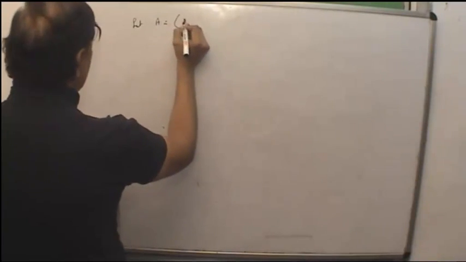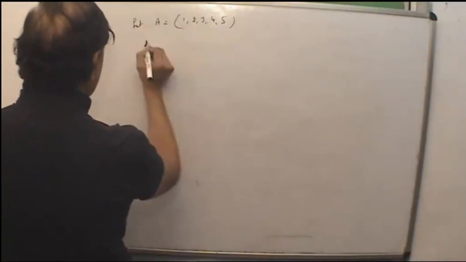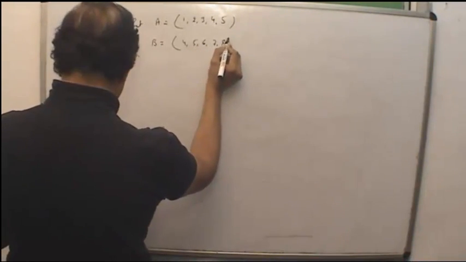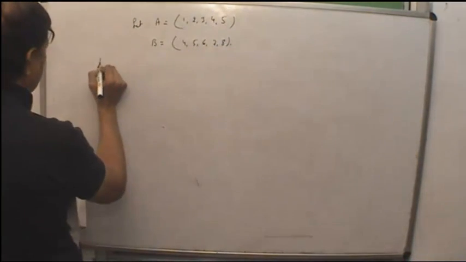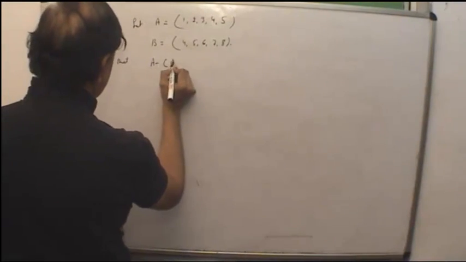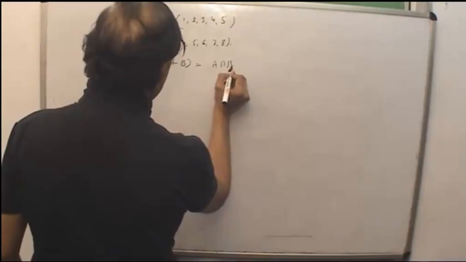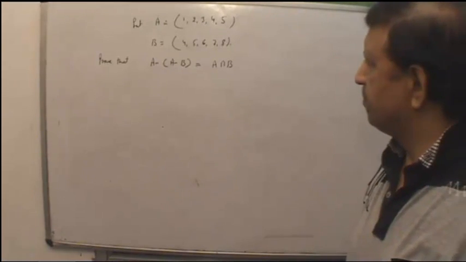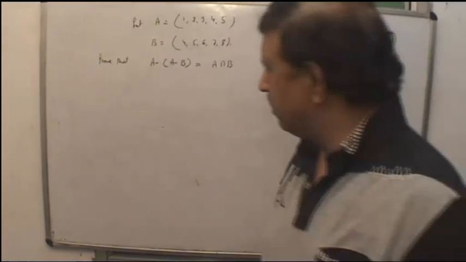Let A be equal to 1, 2, 3, 4 and 5 and B equal to 4, 5, 6, 7, 8. Prove that A minus B is equal to A intersection B complement. The definitions and results we studied, we can apply in such problems.